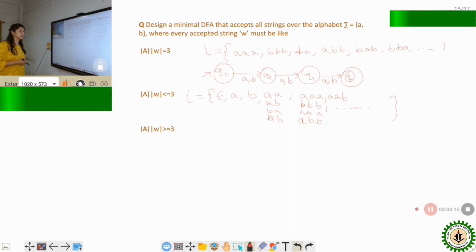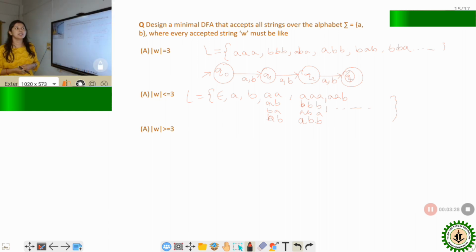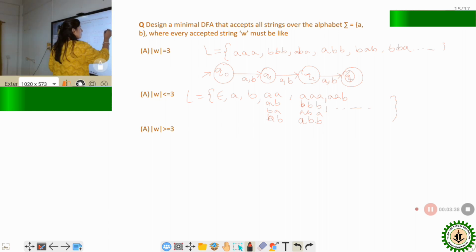Which one is not going to be accepted? One problem. When we are talking about the length of the string being exactly 3, what will happen if the length of our string is greater than 3 for this automata? It will not accept.